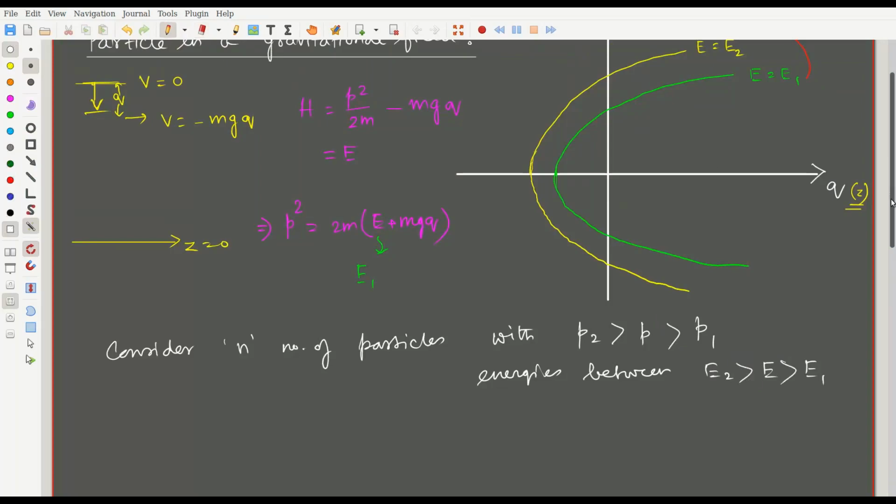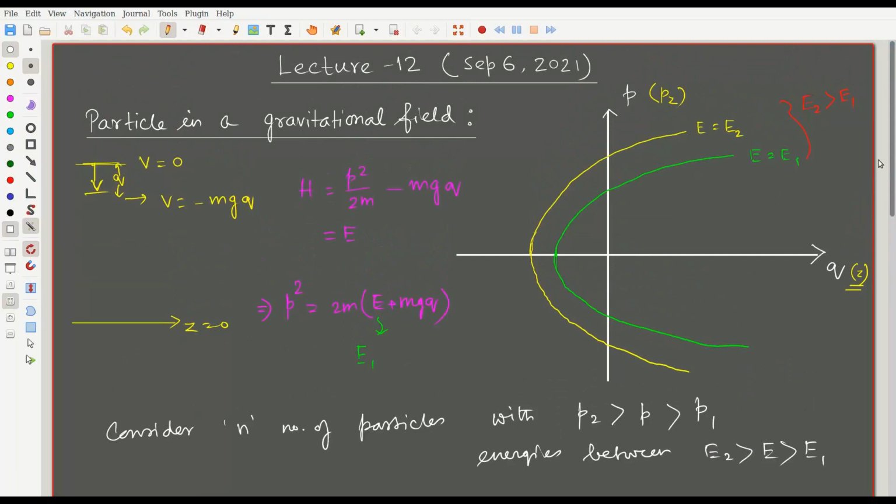I am assuming p2 is greater than p1. So suppose here is my p2 and here is your p1. The particles' momentum will be between these, they are distributed in between, and their energies are between E1 and E2. So in the phase space, all the particles lie within this area.